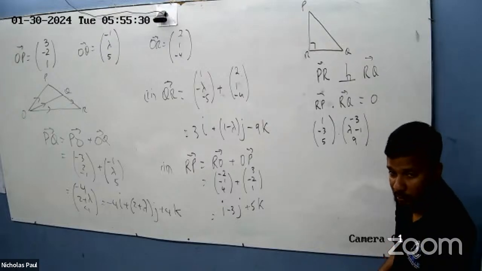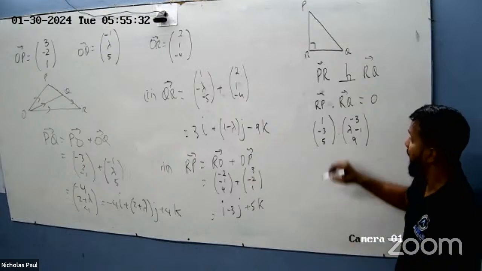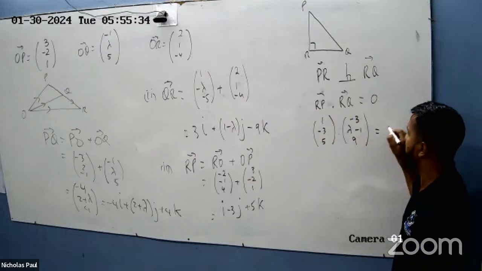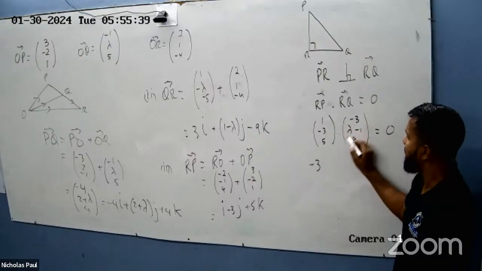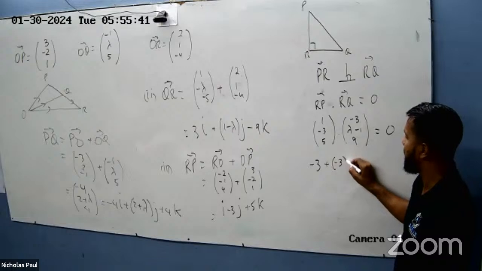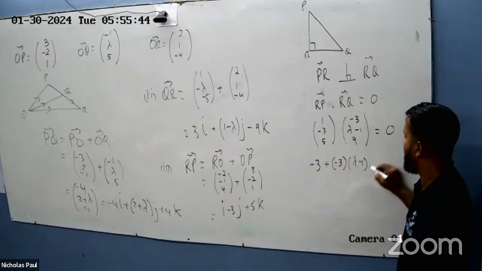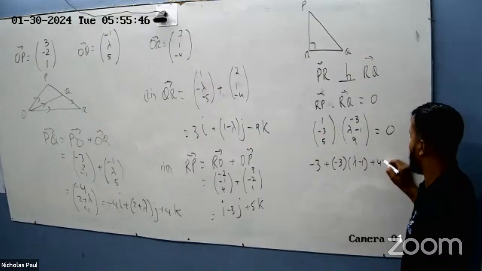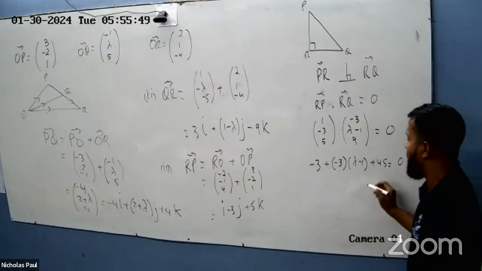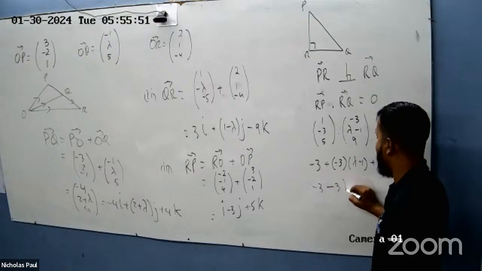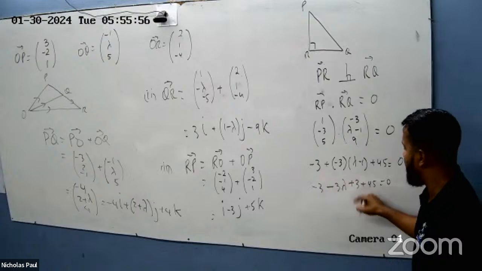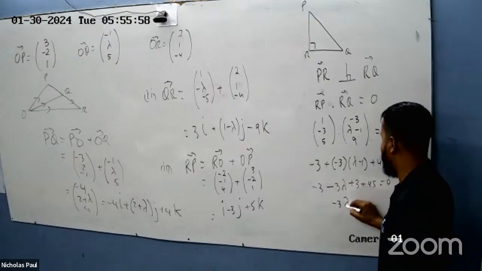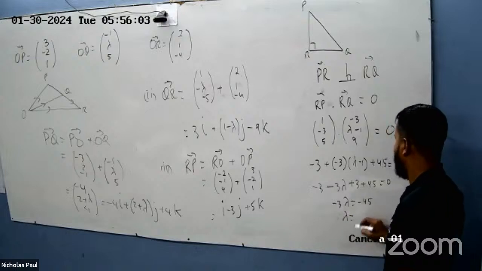Yeah. See now? So therefore, this by this is equal to 0. So I can work it out now. -3 by this, 5 by 9 is equal to 0. Multiply it out, you'll get -3 lambda plus 3 plus 45 is 0. Cancel off there and you'll get -3 lambda is -45, lambda is 15?